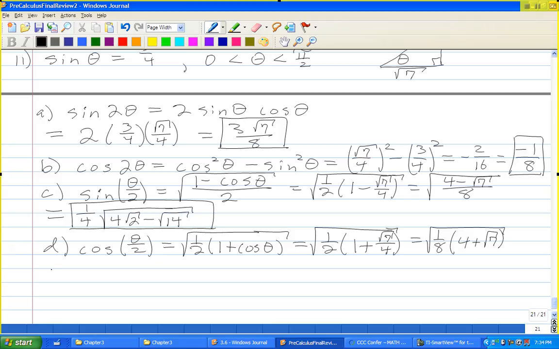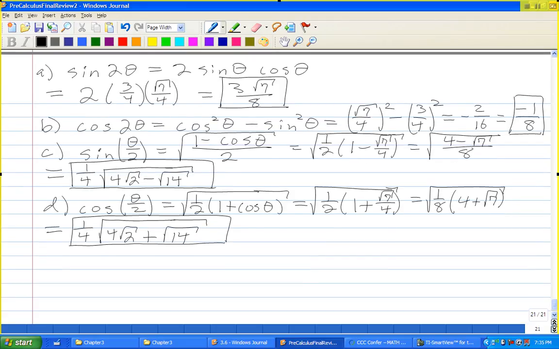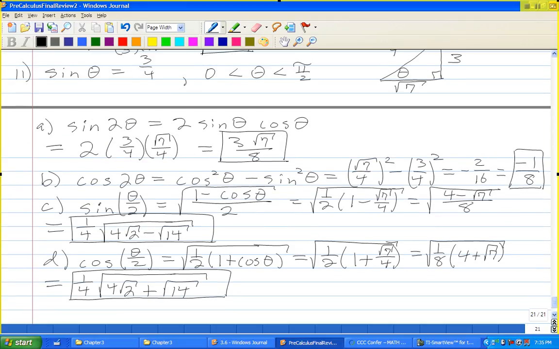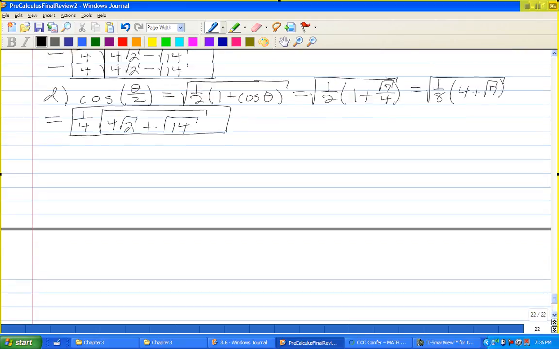So again, you have to multiply by rad 2 to rationalize your denominator. So this is 1/4, 4 rad 2 plus rad 14. Unfortunately, you have square roots inside of square roots. Don't know if I can simplify that, but okay, 12.